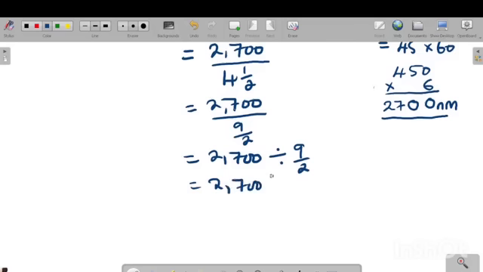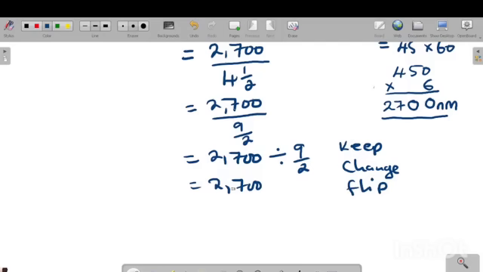When dividing fractions, there is this which you use. You say keep, then change, and flip. Whenever you are dividing fractions, you need to bear in mind this.